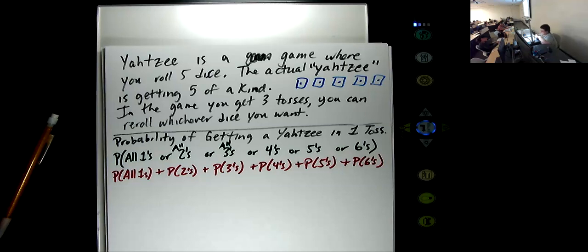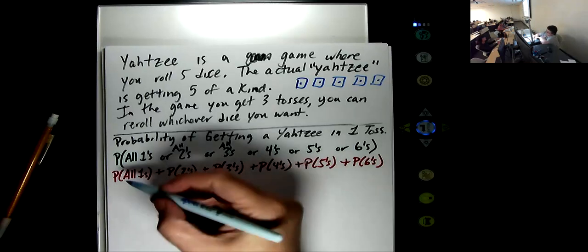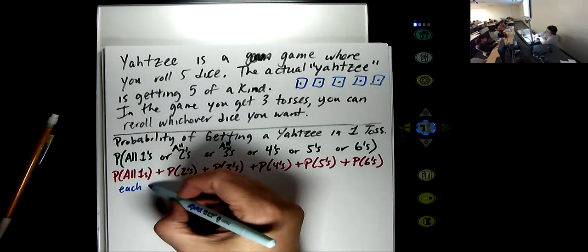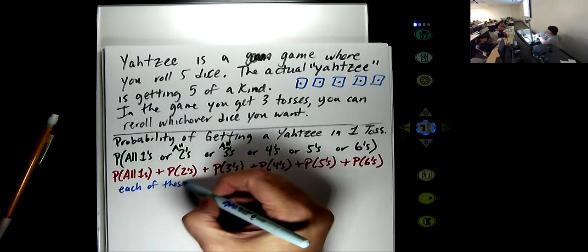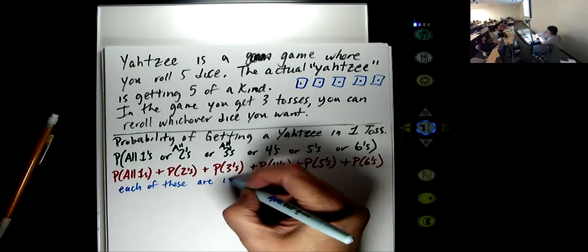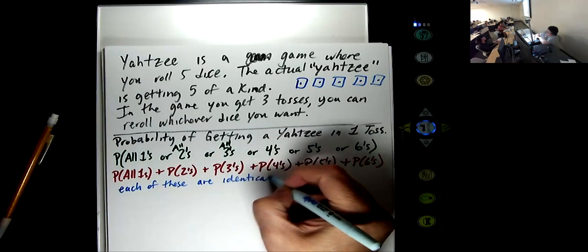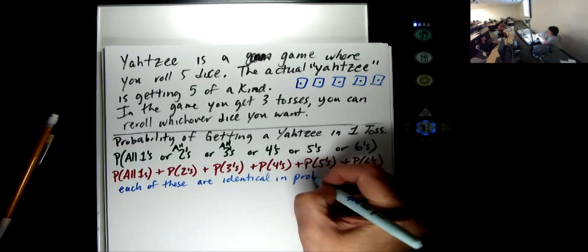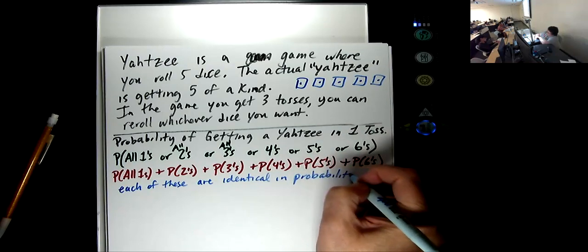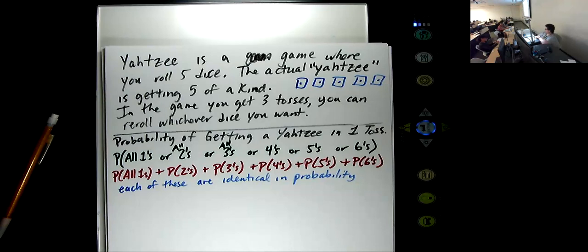Now, each of these are identical in probability, so we only need to calculate one. So we'll calculate one and then we'll use that same one for all 6.